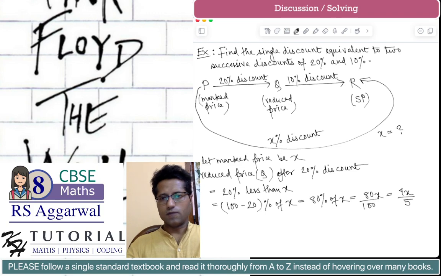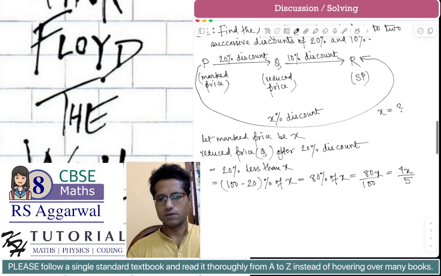So after applying the first discount, that is 20% on the mark price, the reduced price, that is Q, becomes 4X by 5.